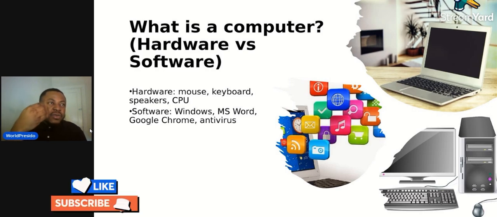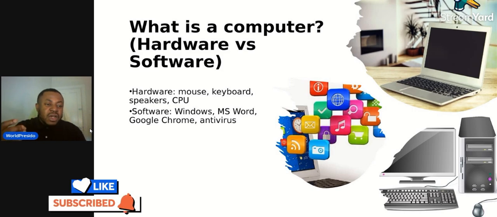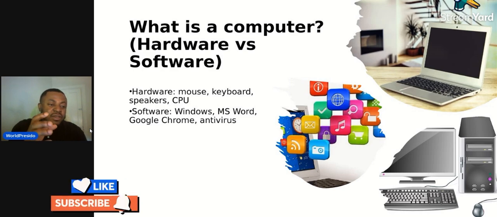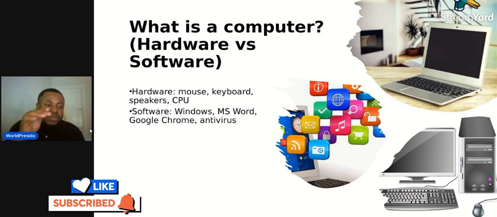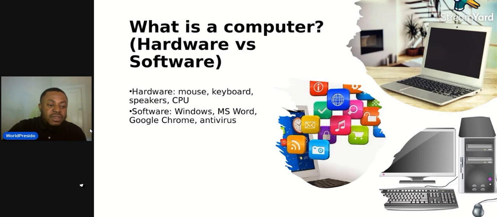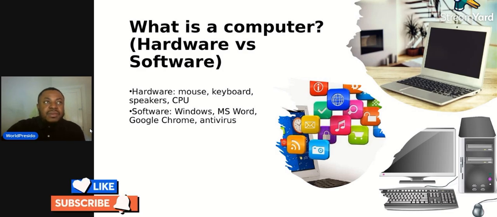Let us try to understand the meaning of the word hardware. When something is hard, it means it is physical, it is strong to touch. When you touch it, it feels hard. So those are hardwares. For example, I'm touching my computer right now, I can feel it. It is hard. So these are hardwares.